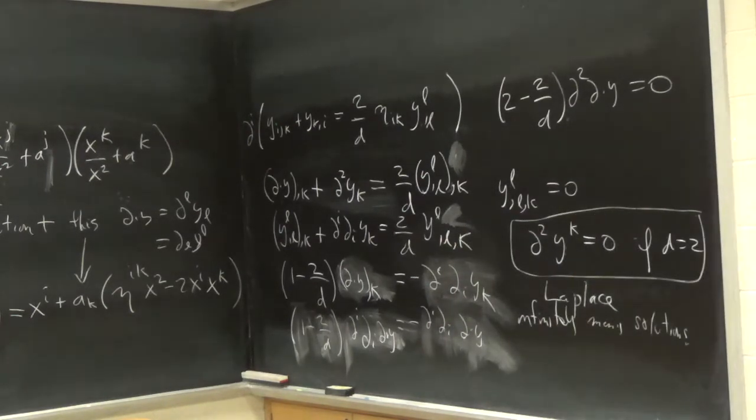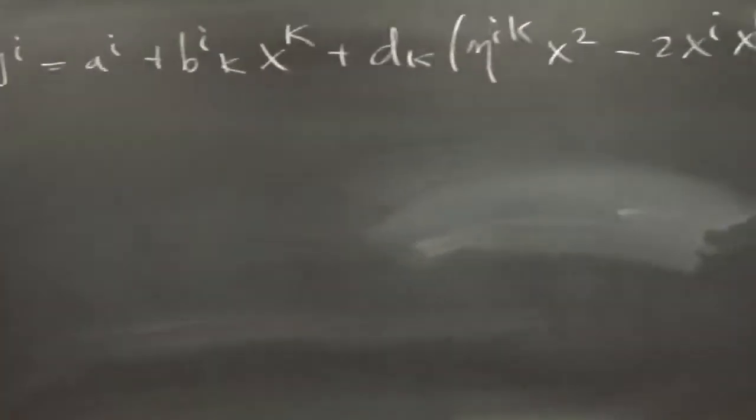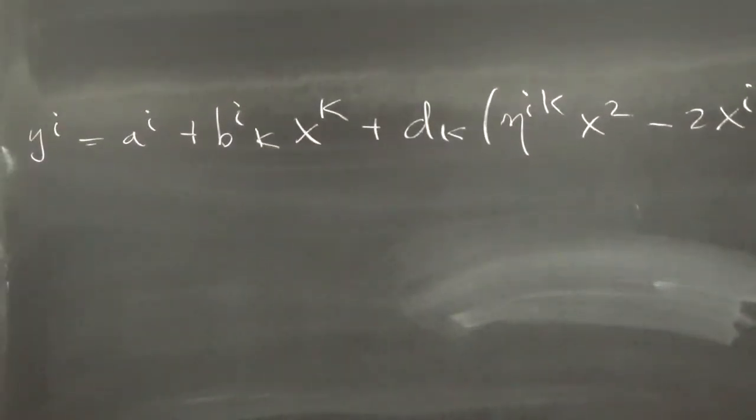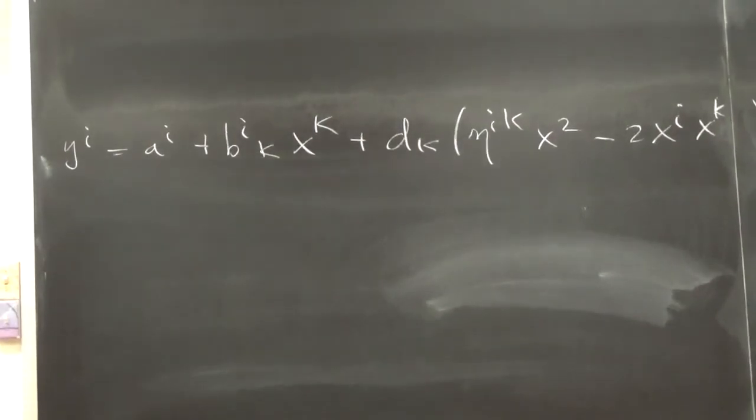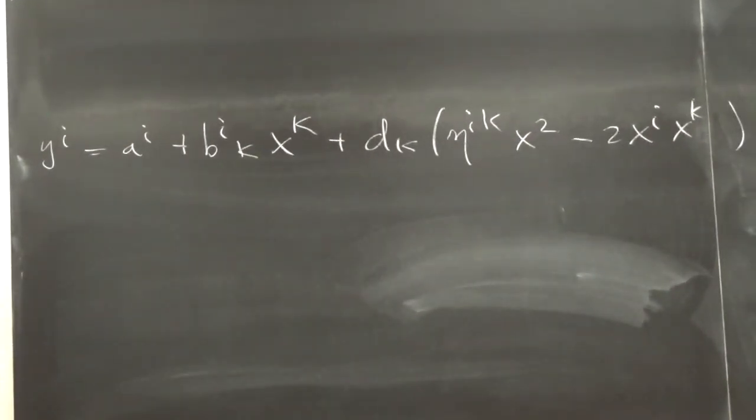Let me just check this, because I'm a little confused here. Is this exactly the same as what we got over here? Yeah, it is, isn't it? Eta_{ik} x squared minus 2 x_i x_k.